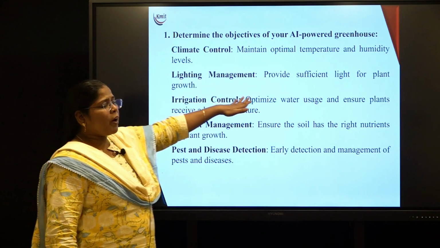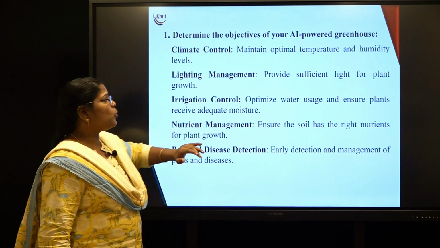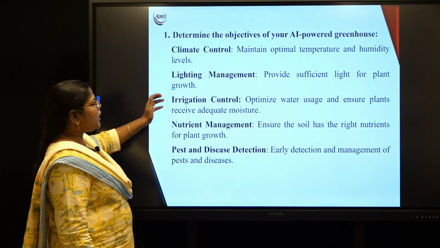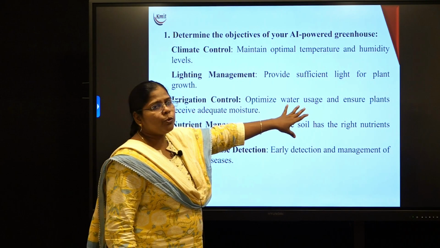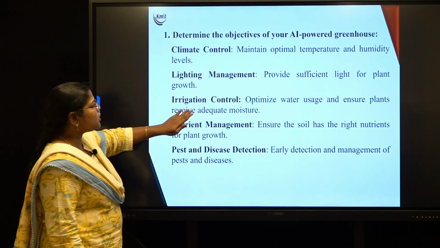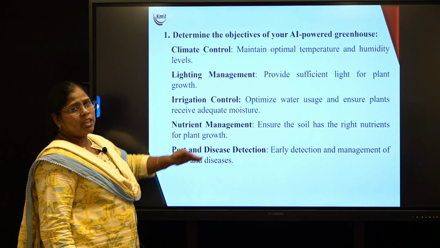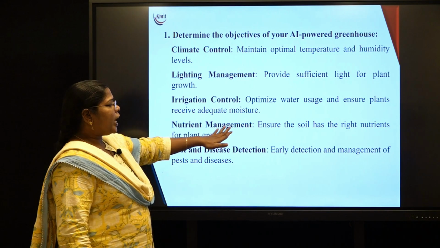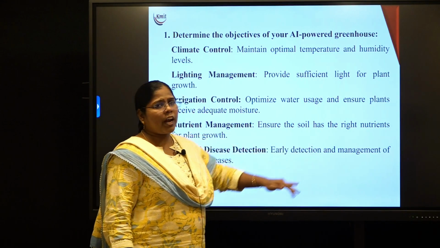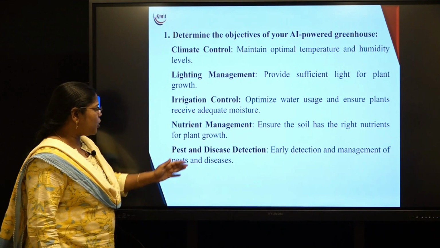It has to provide sufficient light to the plants. Next is irrigation control, optimizing the water usage and ensuring the plants receive only adequate moisture. Next is nutrient management, ensuring that the soil has the right nutrients for the plant growth.